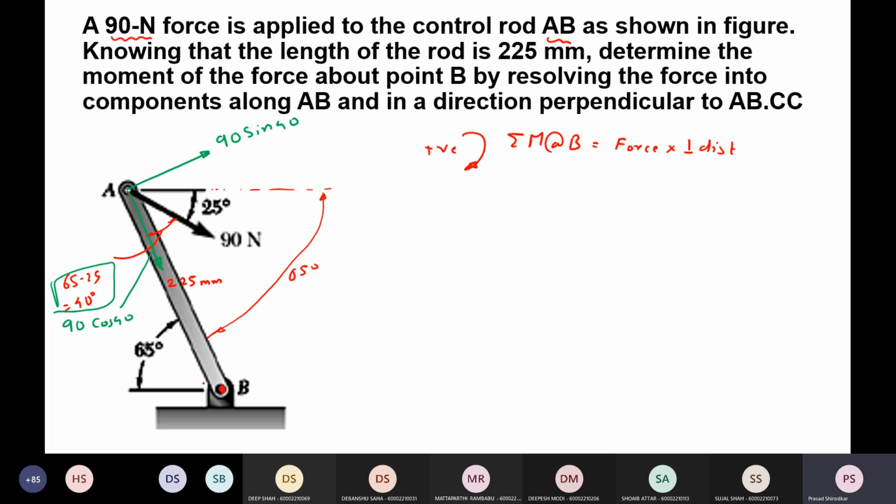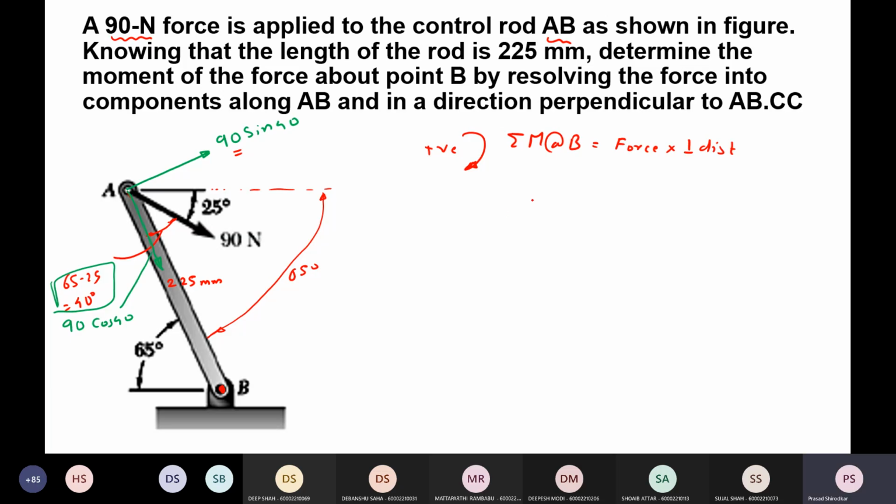The moment at B will be only due to this 90 sin component, because the cos component of the force passes through B, so it will not cause any moment. The perpendicular distance between B and the line of action of 90 cos 40 is 0.